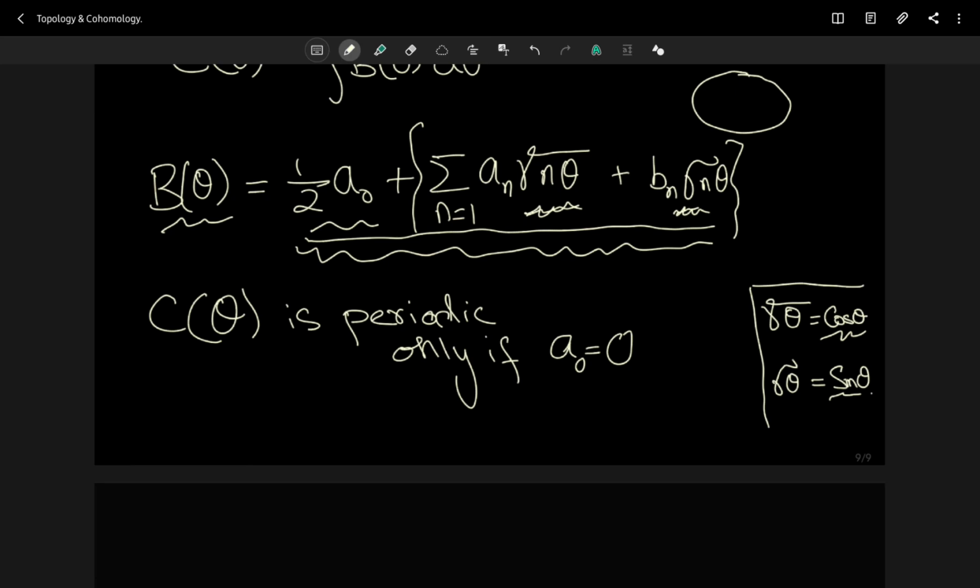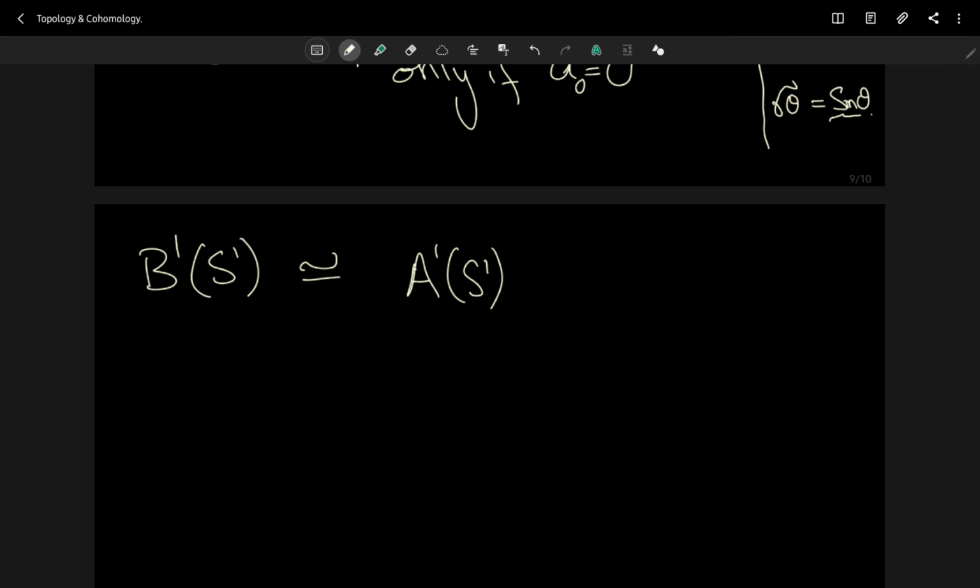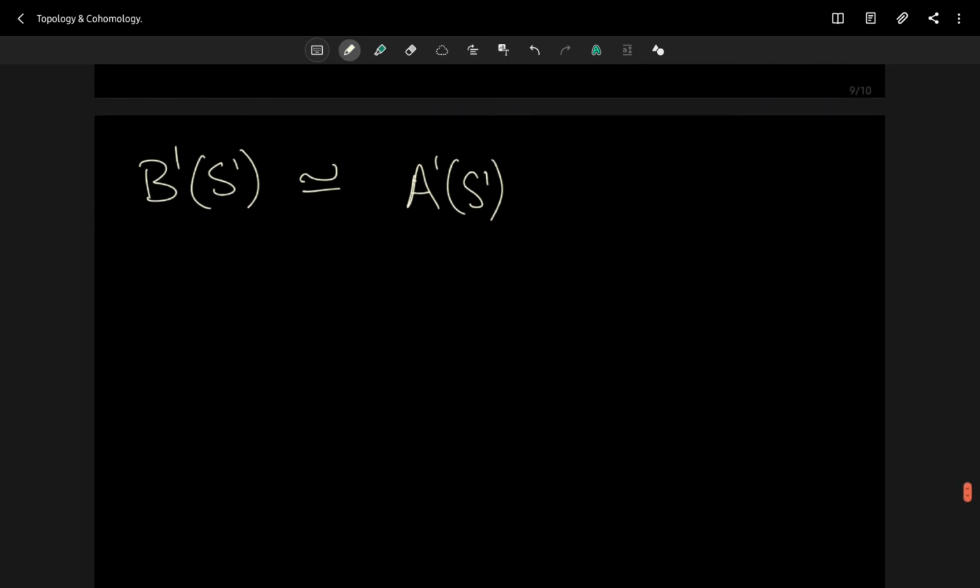So the set of exact one forms is almost the same as A1 of S1, the closed forms. The difference is only that it is parameterized by a single number, and that was A0.